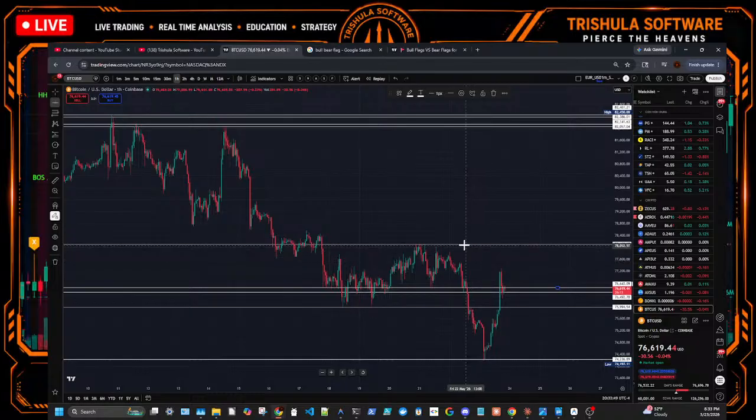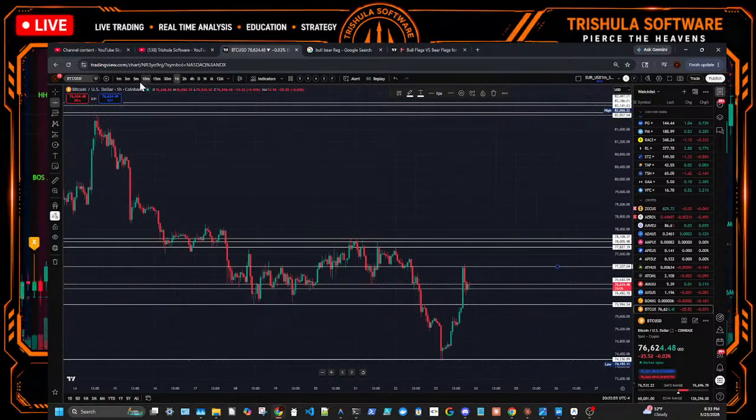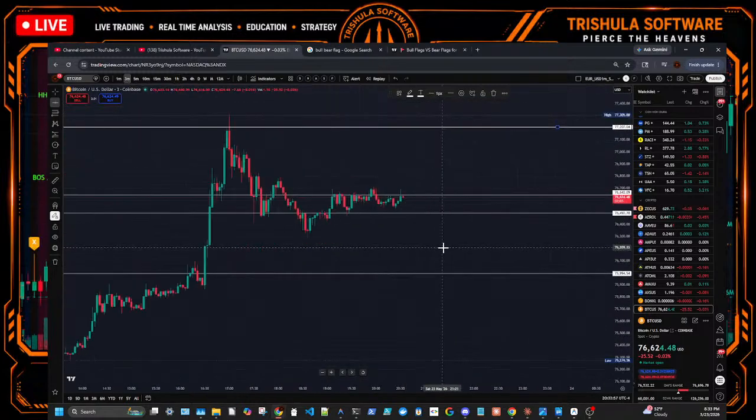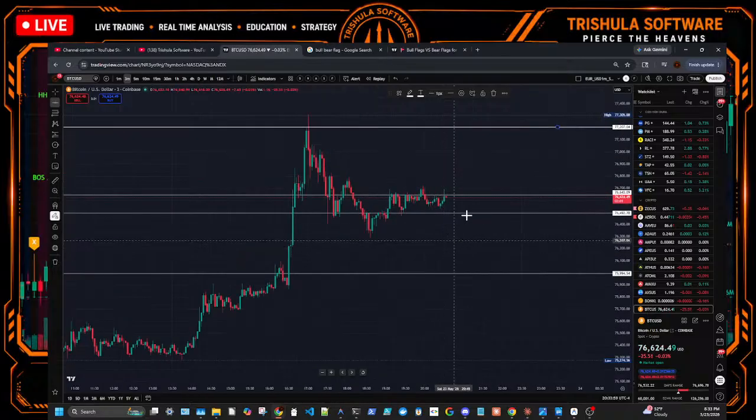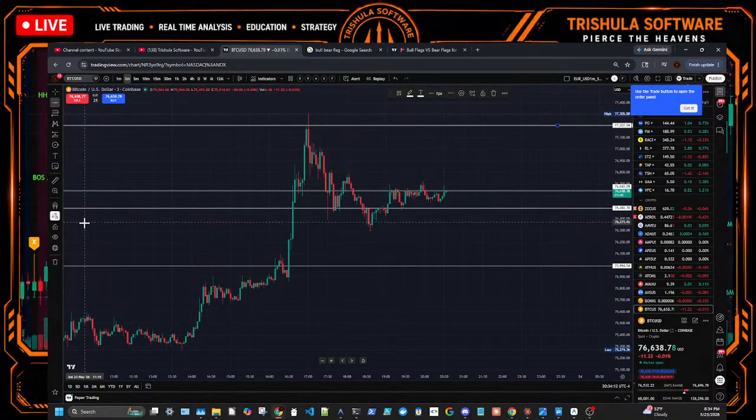I have my retest zones marked. Boom. I can easily drop down on a 3-minute chart. Okay, let's see if it breaks this 776 624 level. If it does, I'll start going in. And it looks like that's about to happen.